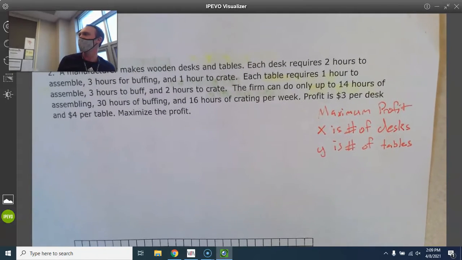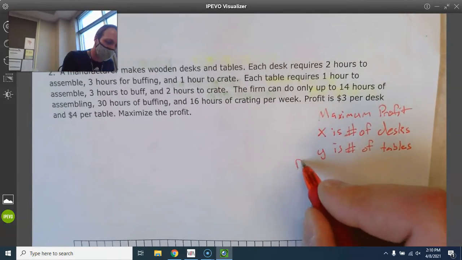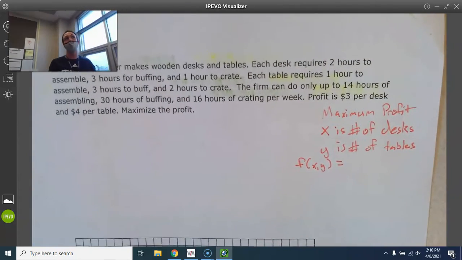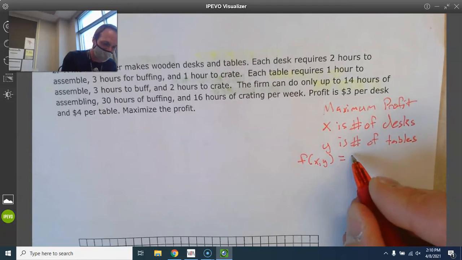Well, then what about that profit bit? What are we trying to do? This one, we can actually do one of the things that we did later on in the example from the previous one. We can actually take care of that right now. We can get the maximizing function, that f of x comma y. For each desk, how much profit do I make? 3.